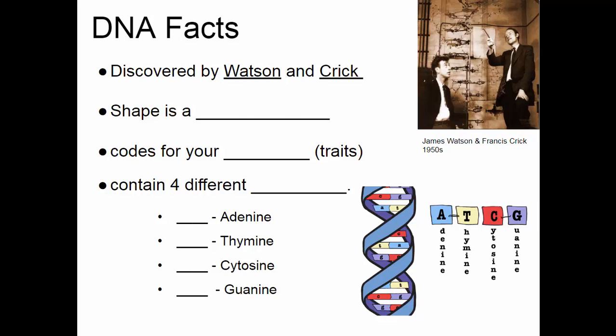They won a Nobel Prize. And they determined that a DNA molecule has this specific and unique shape. It's a double helix, a spiral staircase, sometimes called a twisted ladder shape. And in this DNA molecule is a code for an organism's genes.